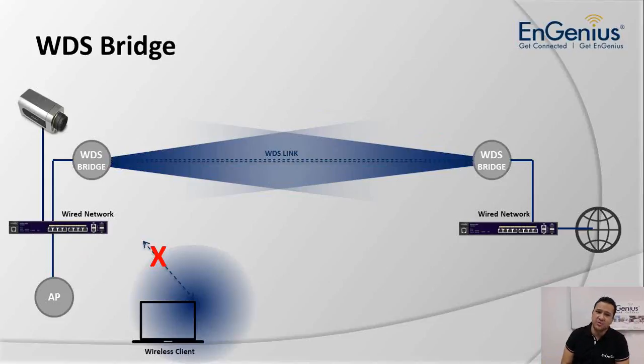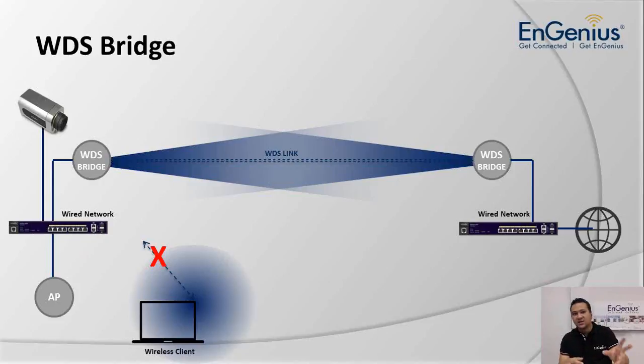So this deployment is very suitable for bridging 2 buildings together, or linking cameras in a point-to-point or multi-point deployment, and even point-to-multipoint, because it's possible to make 8 WDS links from one access point if you have WDS bridge mode.